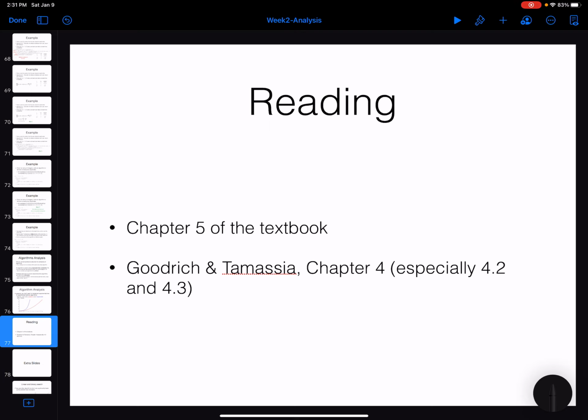This is going to cover chapter 5 of your textbook, and you can find a lot of resources online about asymptotic analysis. There are many good resources available. So I'm going to finish this lecture.